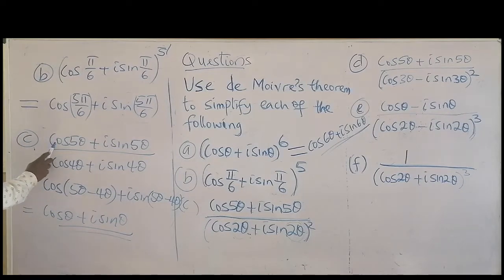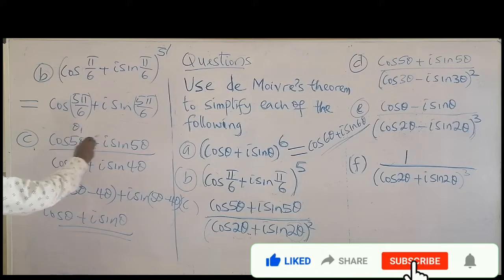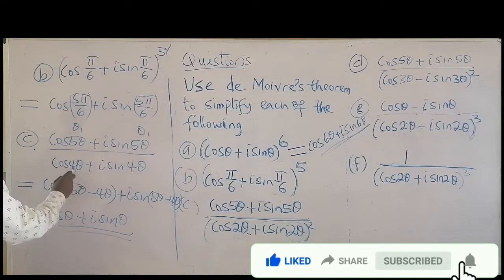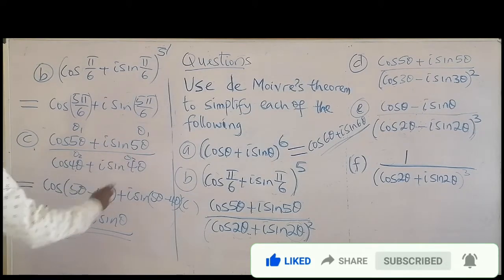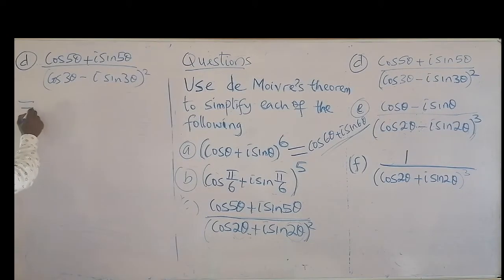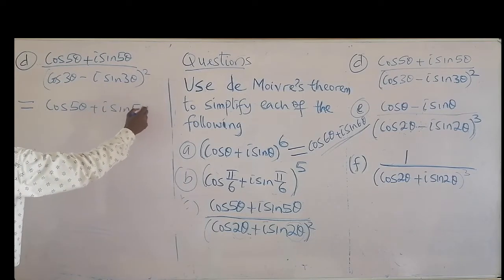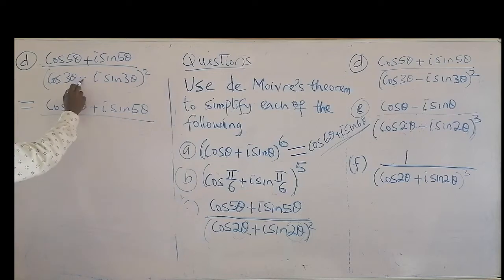So when you are dividing, your angle will be the difference of the angles. The one at the top is theta 1, and the one at the bottom is theta 2. For this question, we have this for the numerator, and for the denominator, it must follow the standard rules.